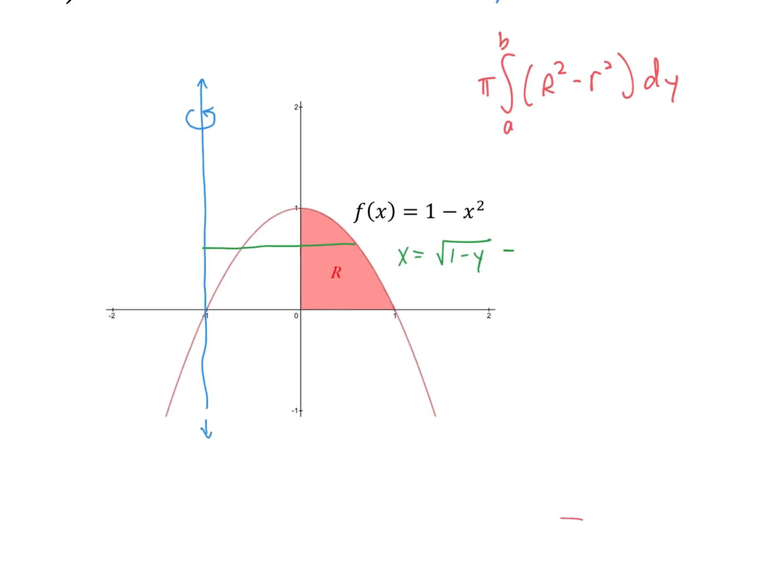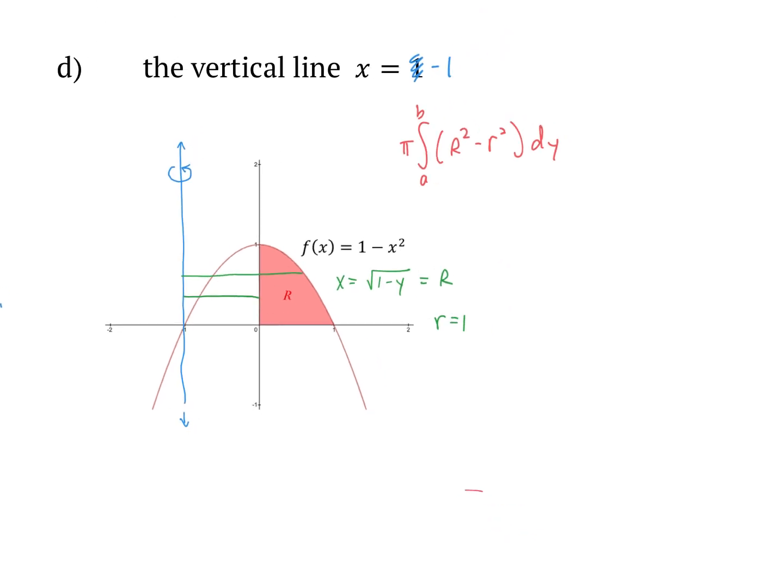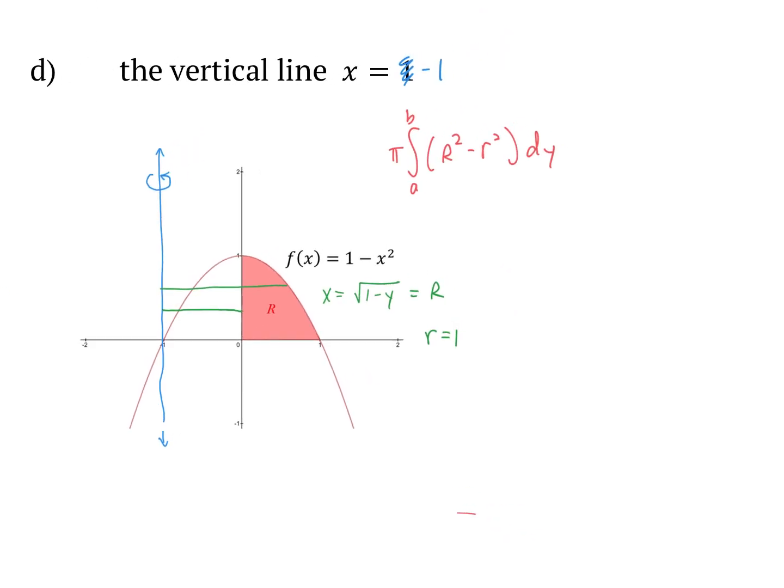Okay, and then this will be the big R. And then the other distance from the axis of rotation to the nearer part of that shaded region is not changing. That's always 1. So really little r is 1. All right, that's it. And then we just substitute this. Okay, and this is in terms of y, so the shaded region goes from 0 to 1 in the y direction.